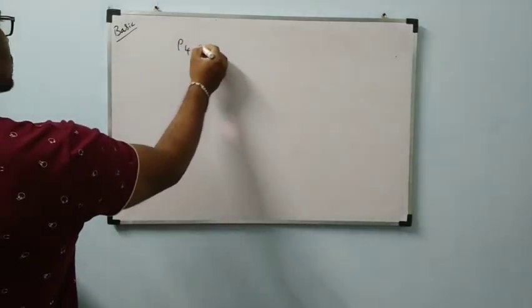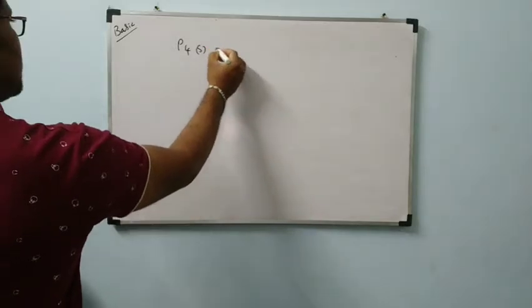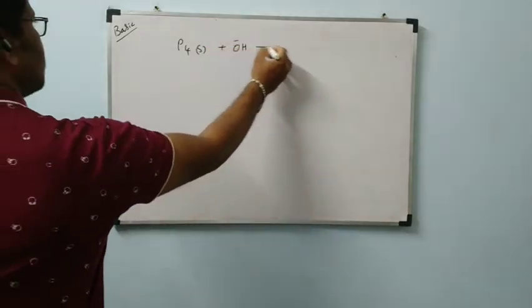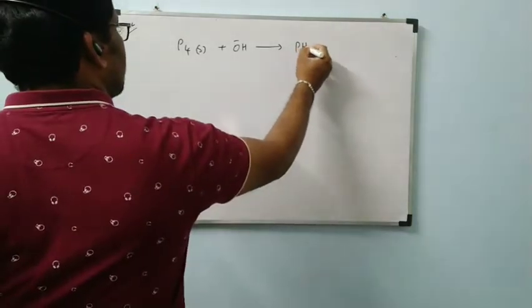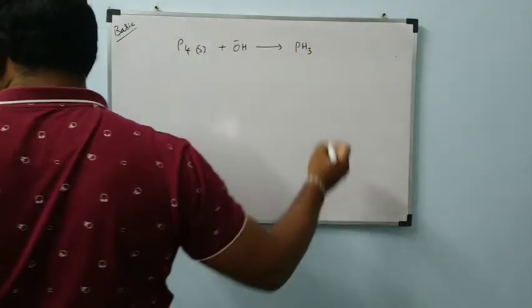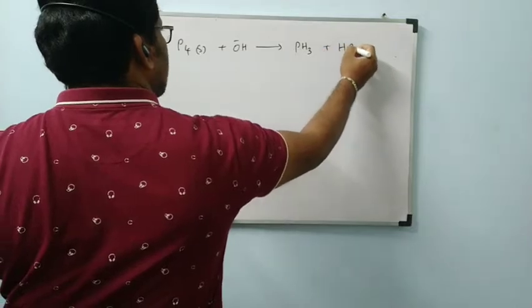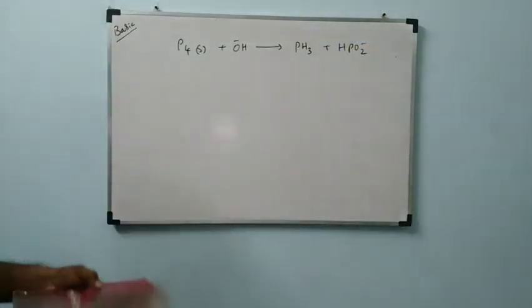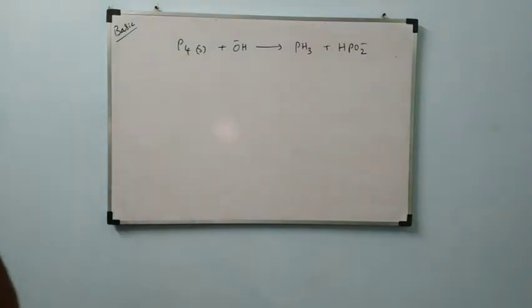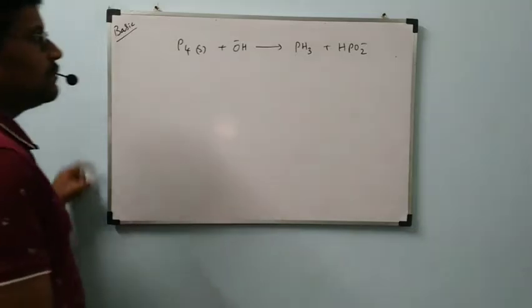P4 solid plus OH minus gives rise to PH3 plus HPO2 minus. This is the equation we have to balance in basic medium. Let us see how we are going to balance this one.